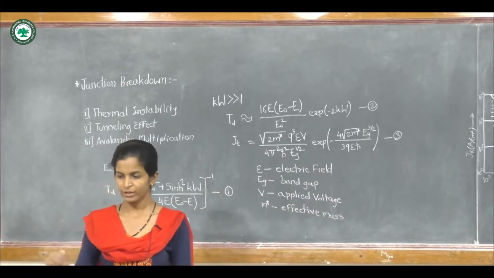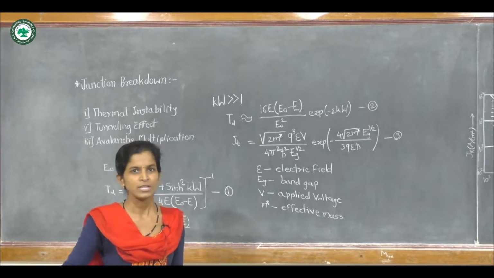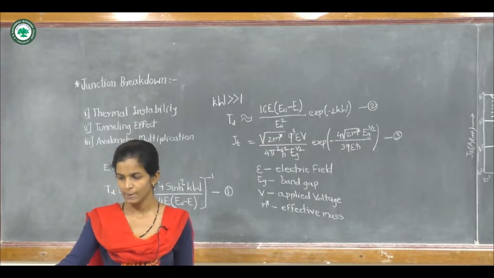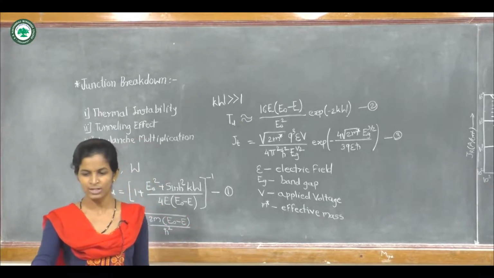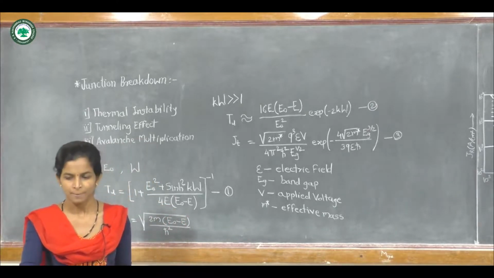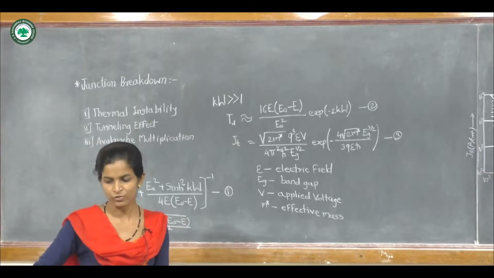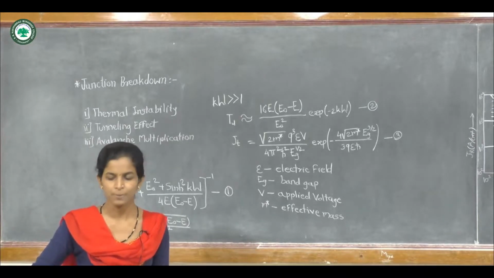When a field approaches 10⁶ volt per centimeter in germanium and silicon, significant current begins to flow by means of band-to-band tunneling process.